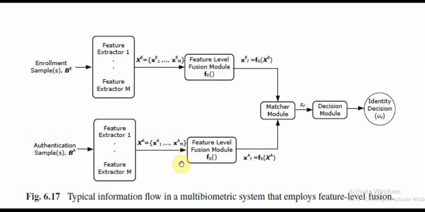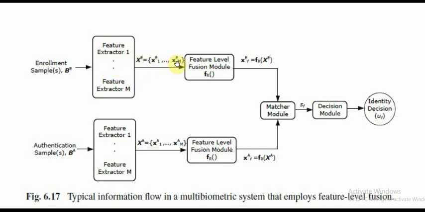In this picture you can see the information flow in a multi-biometric system that employs feature level fusion. So for each sample in the enrollment, we use a different feature extractor module. Assume that we have m different feature extractors. So from each sample, we extract a feature vector.